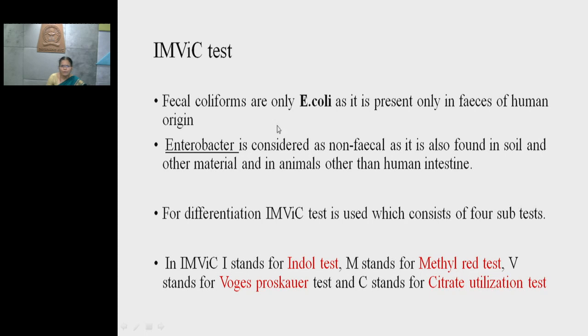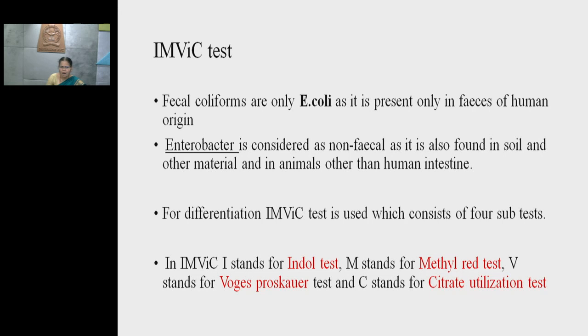So this IMViC test is used to differentiate fecal coliforms, which are E. coli, and this particular test differentiates E. coli from Enterobacter, which are the non-fecal coliforms. For differentiation of E. coli from Enterobacter, the IMViC test is used, which consists of four subtests.